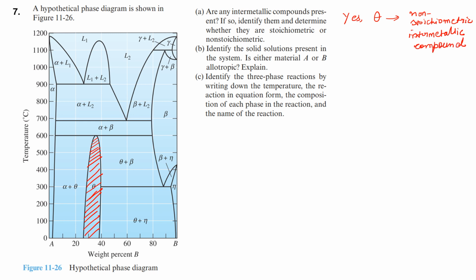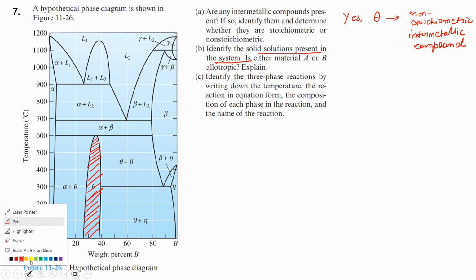The second question asks us to identify the solid solutions present in the system. It's pretty easy because we have the solid solution of B in A, which is represented by this field here.